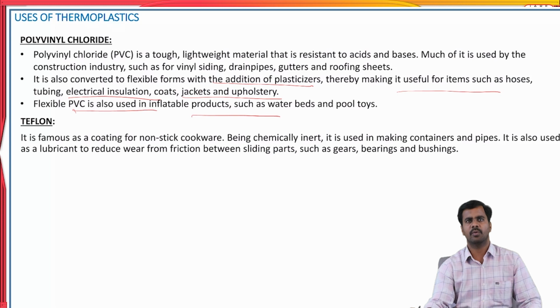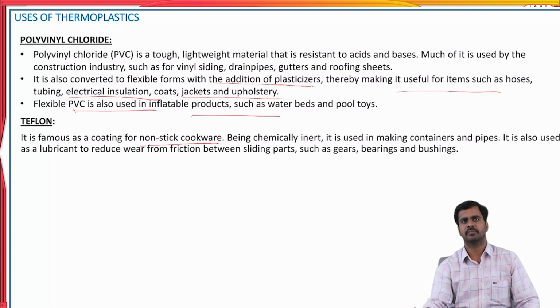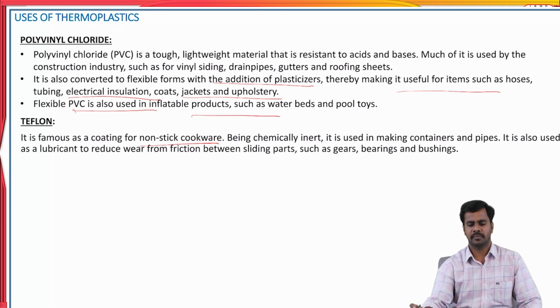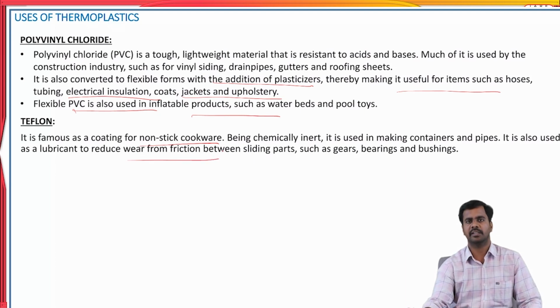It is a famous coating for non-stick cookware, being chemically inert, and it is used in making containers and pipes. It is also used as a lubricant to reduce wear from friction between sliding parts such as gears, bearings, and bushings.